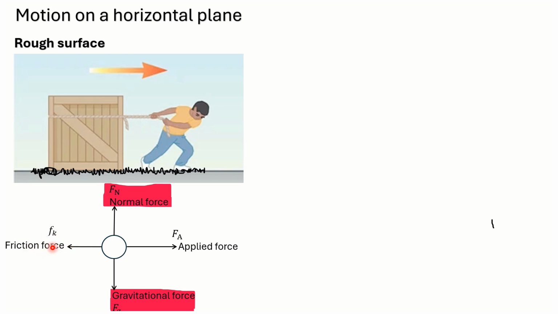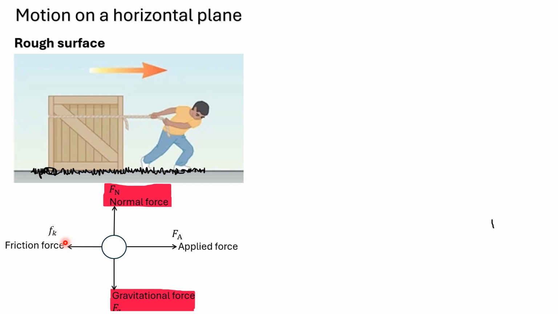The frictional force and the applied force must not be equal for this motion to occur. If the frictional force is equal to the applied force, we are going to have a problem in moving this box, because if the force that we apply is the same as the frictional force, then the box can't move forward.